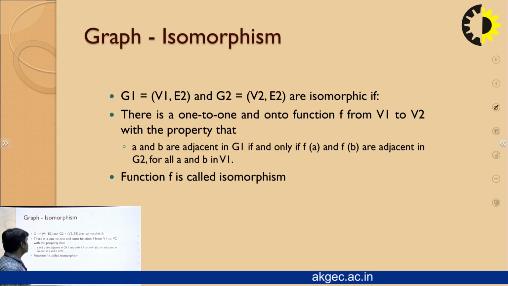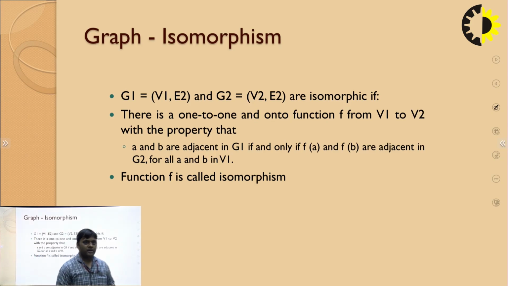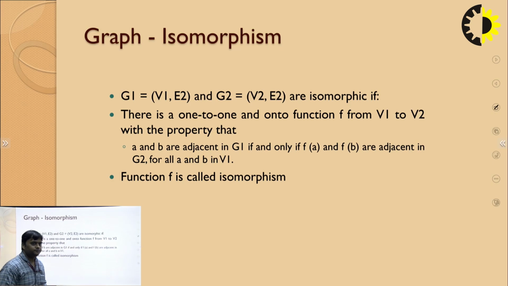Next topic is isomorphism. There is a one-to-one and onto function f from V1 to V2 with the property that A and B are adjacent in G1 if and only if f(A) and f(B) are adjacent in G2 for all A and B in V1.